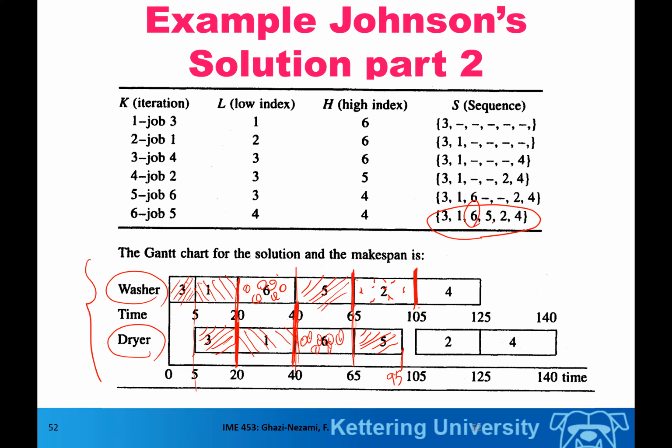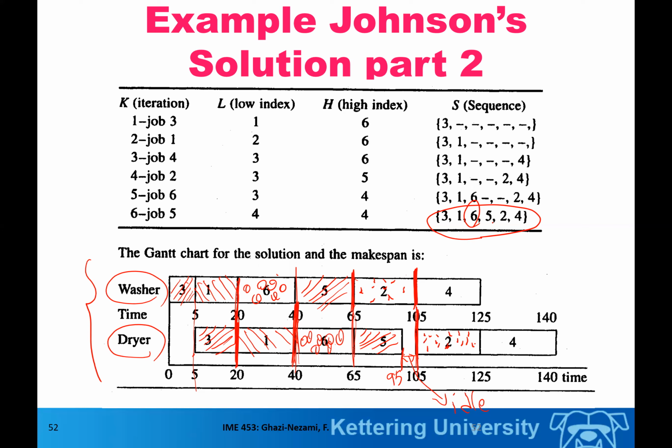But once this job is over and I can send it to machine 2, I have to wait until time 105. So as you can see, between 95 and 105, machine 2 will be running idle. So I will be able to start processing job 2 because I have to wait until the processing in station 1 is completed.